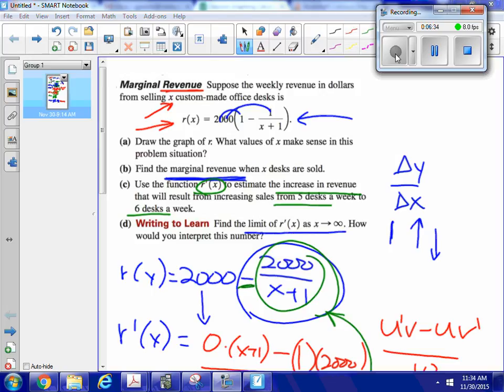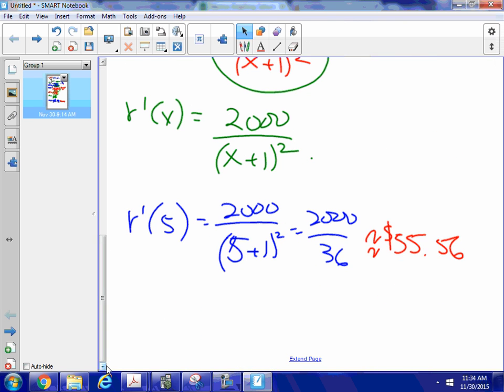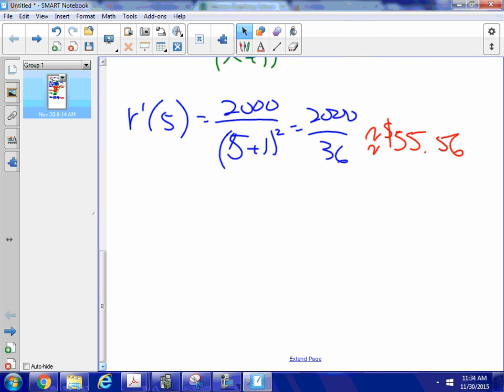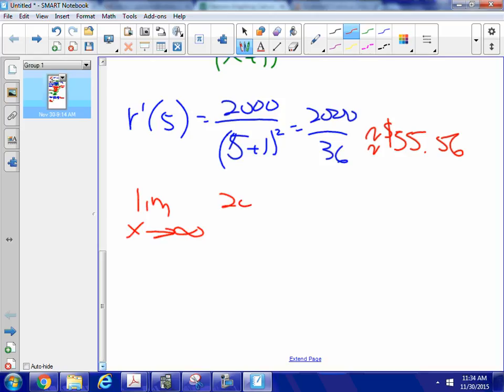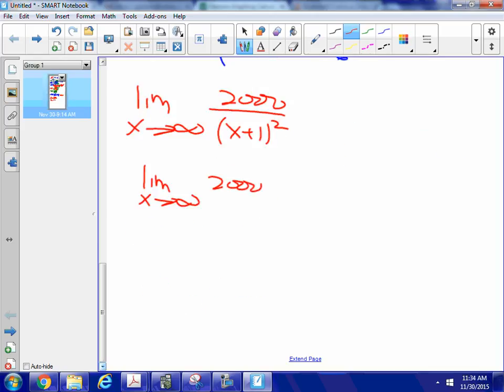So if we go back to our limits thinking, I want to find the limit as x approaches infinity of 2,000 over x plus 1 squared, which is going to be the same as the limit as x approaches infinity of 2,000 divided by the limit as x approaches infinity of x plus 1 squared.